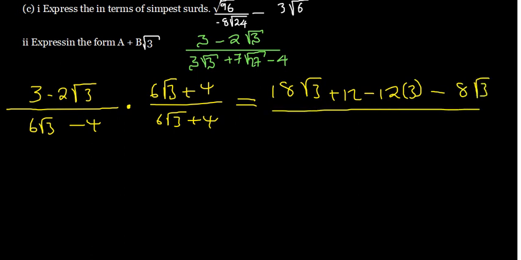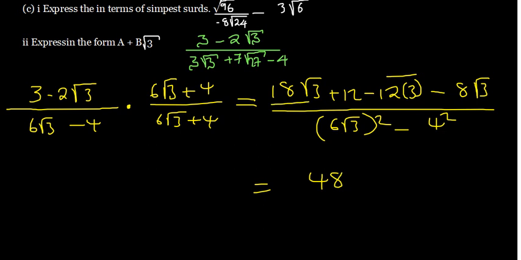In the denominator, you get the first number which is 6 square root of 3. You square it and then minus. You get the second number which is a 4. You also square that. So 12 times a 3, that is a 36. So 36 plus 12, that is going to give us a 48.